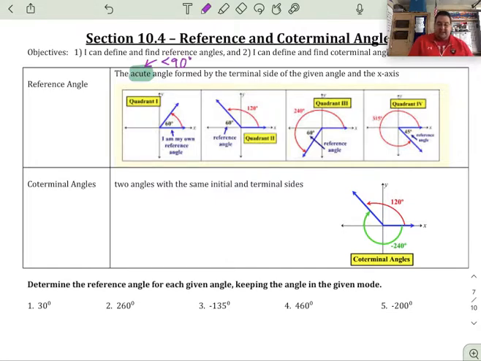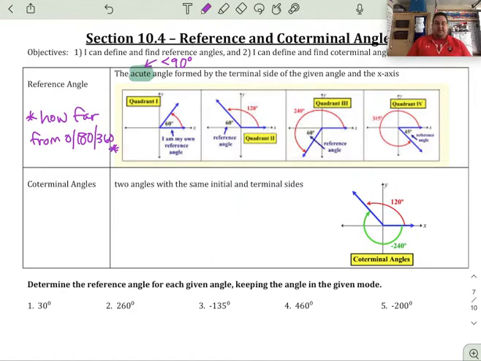So if you try to say that a reference angle is like 120 degrees, that would be wrong, because all reference angles have to be less than 90. So it's an acute angle formed by the terminal side of the angle and the x-axis. So basically, a reference angle is how far you are from either 0, 180, or 360.